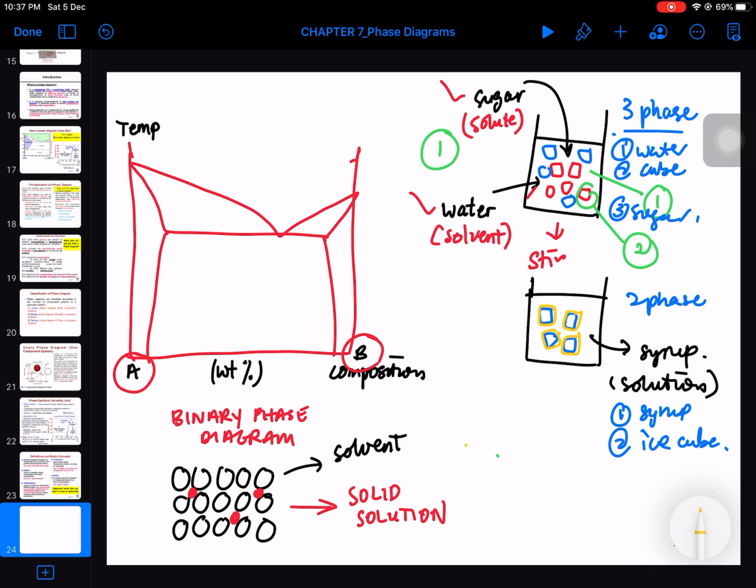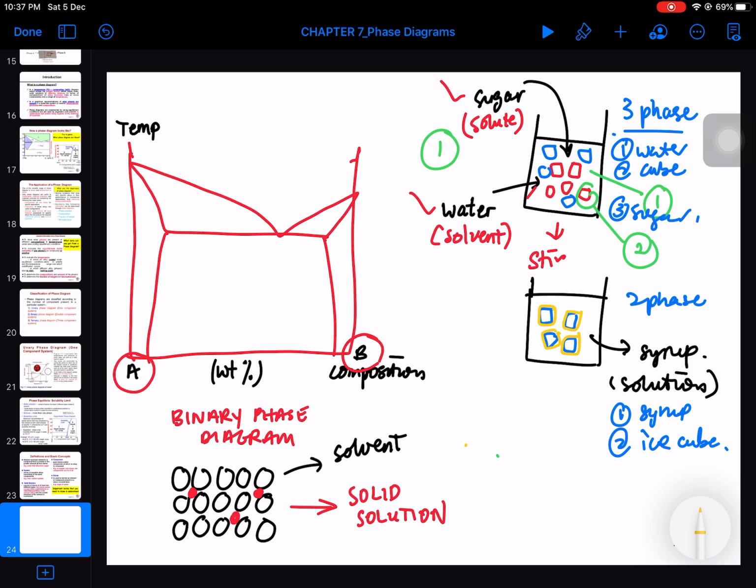Phase boundary can be defined as the boundary which separates the phases in a system. It will exist across which there will be a discontinuous and abrupt change in physical and/or chemical characteristics of the phase. So this is the phase boundary.